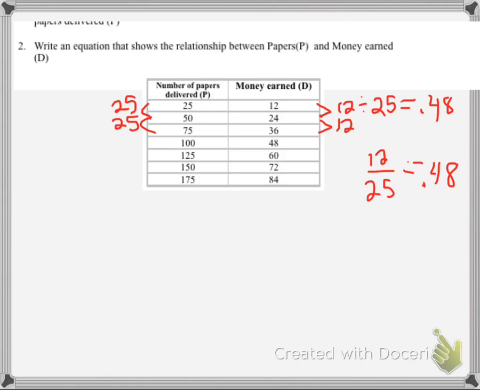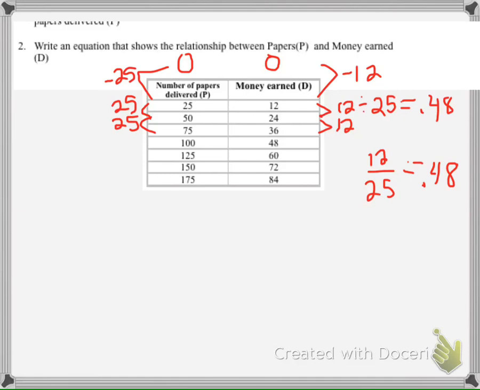Now I need to work backwards to find my y-intercept. From 25 to 0, I have to subtract 25. Now every time that the table is going up by 25 on the x side, the y side is going up by 12, so I can simply subtract 12 here and end up with 0, so my y-intercept is (0, 0).